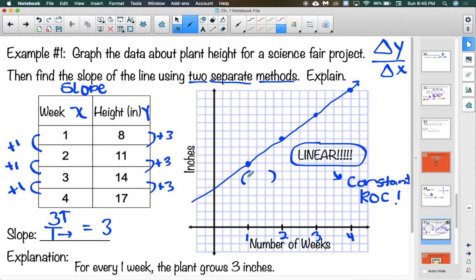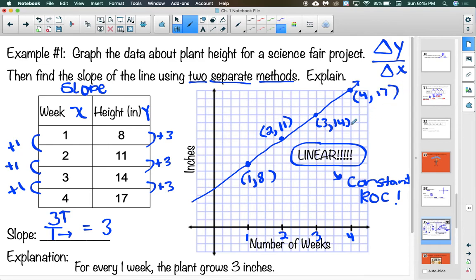And our first point was 1, 8. Okay, and our second point here was 2, 11. And our third point was 3, 14. And our fourth point was 4, 17.